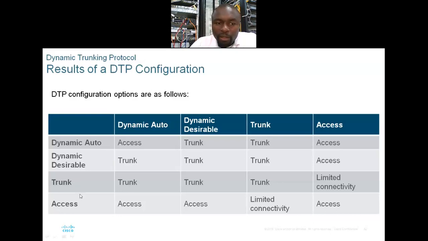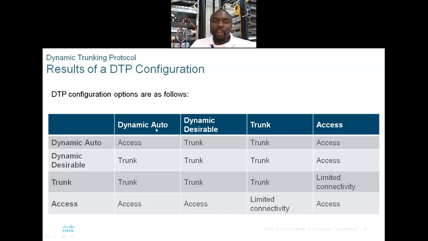So now this is the summary that you see for access ports and trunk ports. Look at their results. For access ports, all of it will give you access, except if the other one is trunk, you will not be able to connect. Trunk, all of it would be trunk, except the one for access, which gives you limited connectivity. Desirable, all of it will give you trunk, except when you have desirable with access. Then dynamic auto will give you access if dynamic auto is going with dynamic auto.